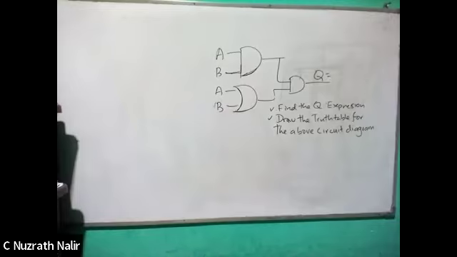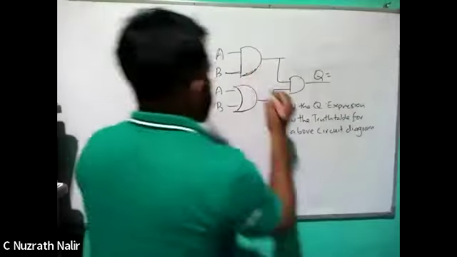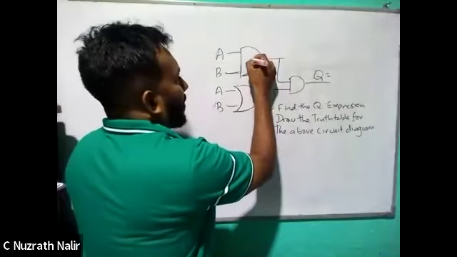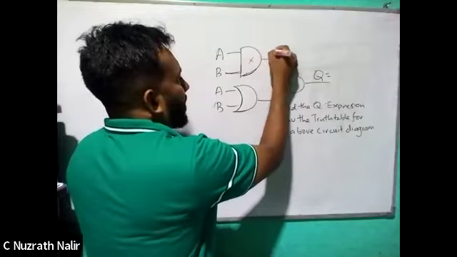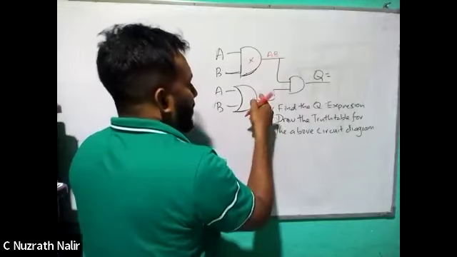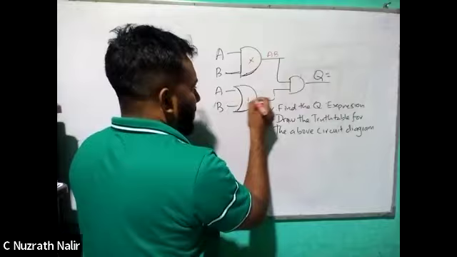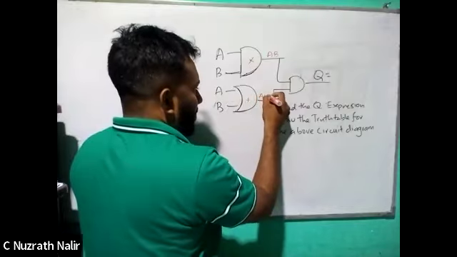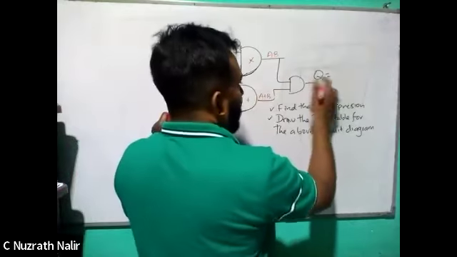What is the answer for this? Okay, now you see this one. This is called A dot B, multiply AB. For this one, A plus B. Then Q is equal to what?